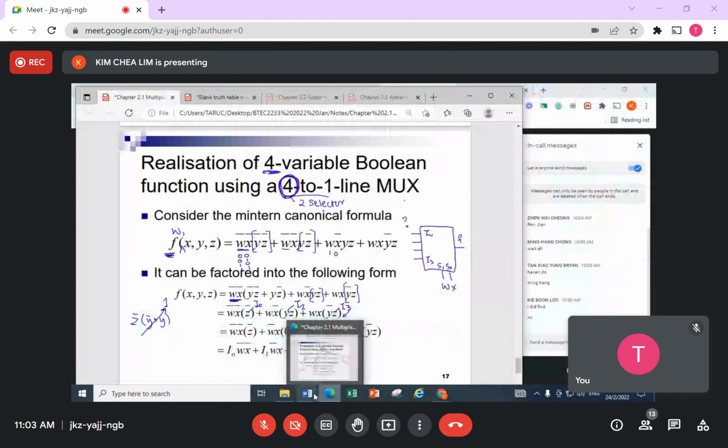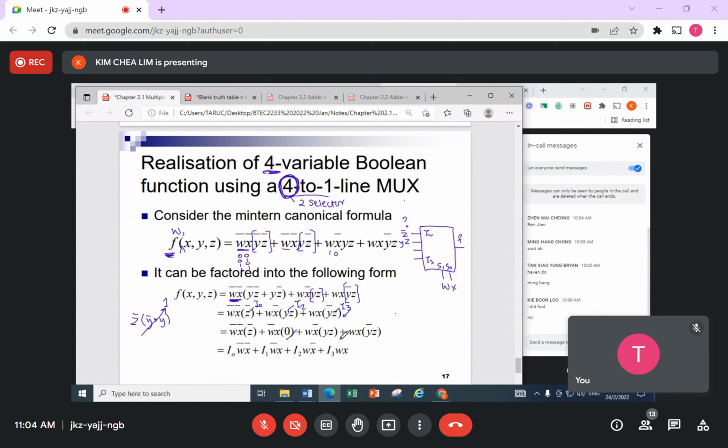Therefore, in this case now, I am going to connect Z bar to here. I'm going to connect the Y bar with Z. I just write here Y bar with Z instead of drawing out the AND gate. I just write here first.